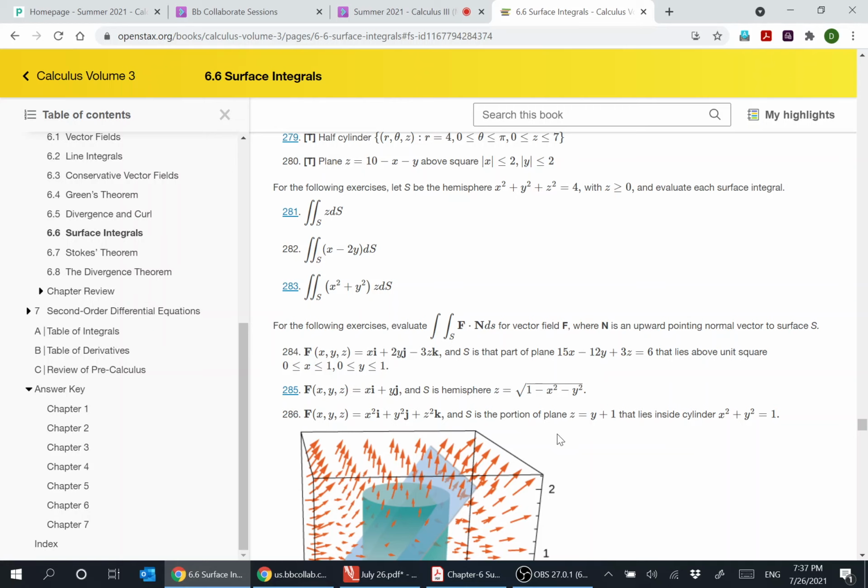So they're using a hemisphere, portion of the plane. Let's not use that. Let's do number 285. So x is x, y is y, and S is the upper hemisphere of the sphere of radius 1.